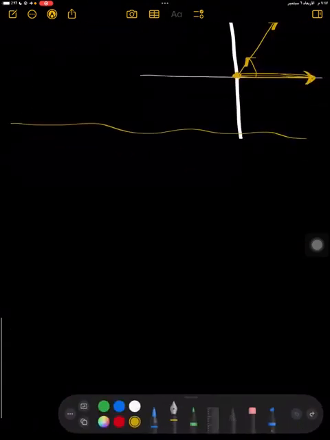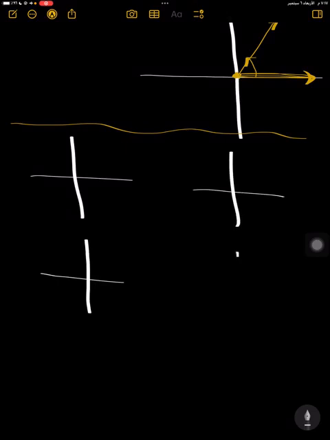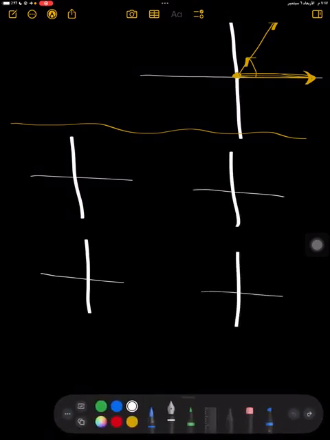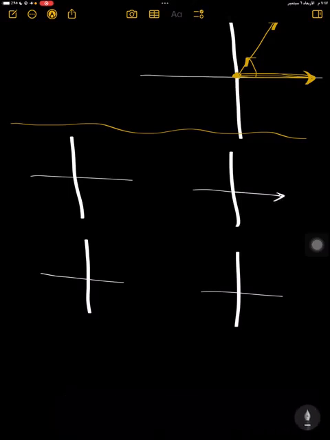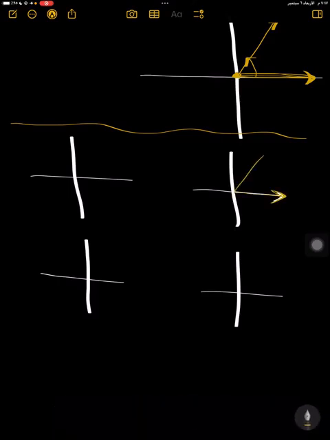I want you to choose which of the following angles are in standard position. Look at the first. And the second problem.